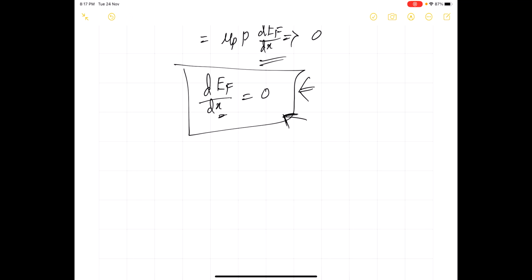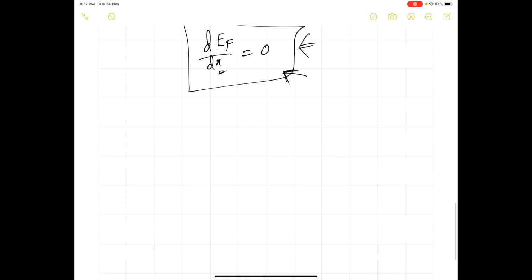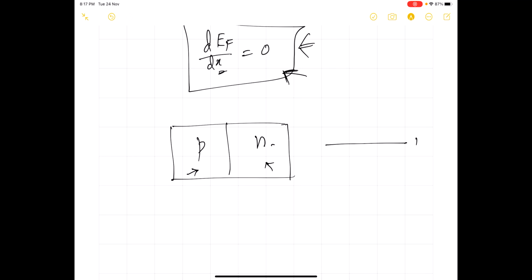As I already explained earlier, for P and N, the Fermi level for P type is at a different position than N, but when you make a PN junction device, the Fermi level has to be fixed. It should not change with distance.